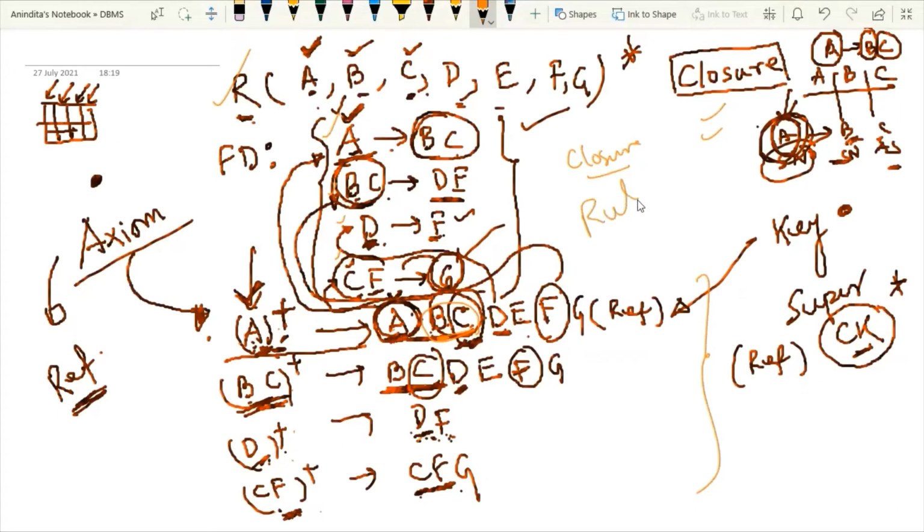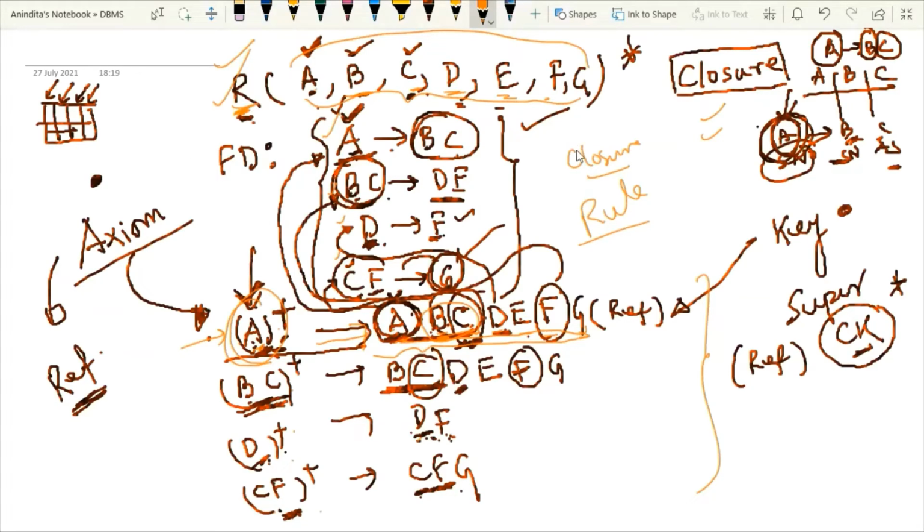The rule is, after finding the closure, if you find a situation where a particular attribute is pointing to all the attributes present in the relation, like here A is pointing to A, B, C, D, E, F and G, it means that if I know the value of A, then I can search for all other attributes present in this relation.